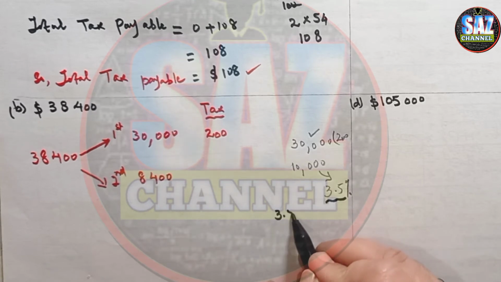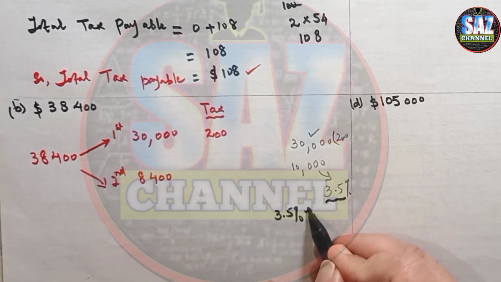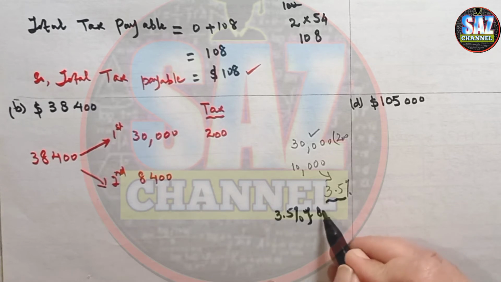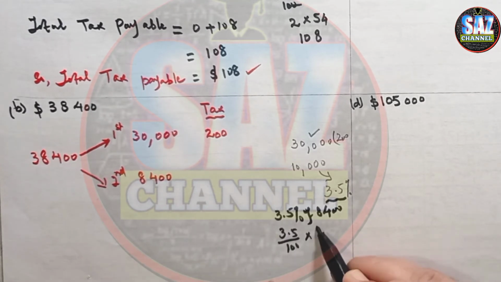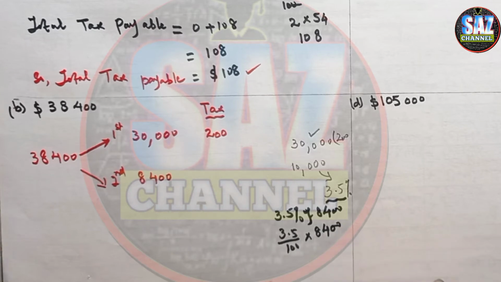So I have to calculate 3.5% of 8,400 on the side of the working space. So 3.5 upon 100 multiplied by 8,400, and this will give me 294.